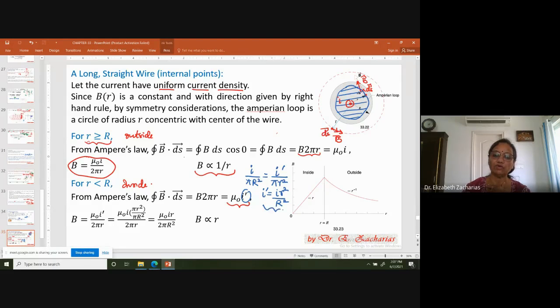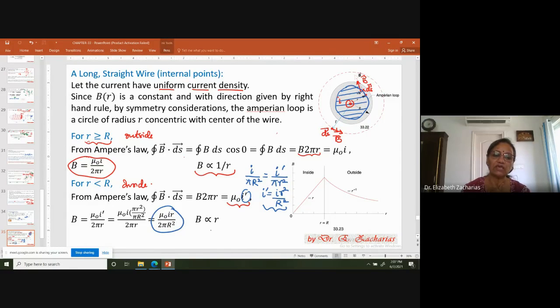We are going to use this and then take the 2 pi r down. So therefore you will get B equal to mu naught I small r by 2 pi capital R square.